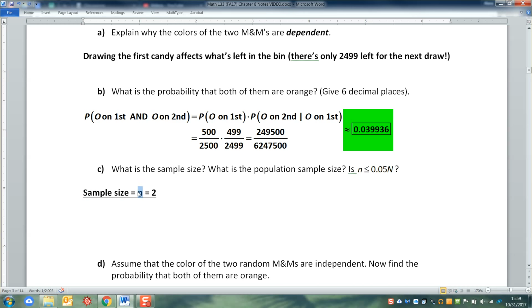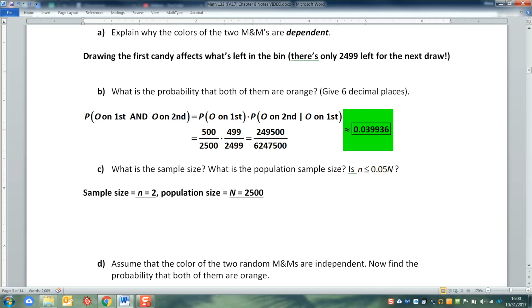The population size is capital N, which is how large a bin you're drawing from. You're drawing from a bin of size 2,500, so capital N is 2,500. So there's your sample size, there's your population size.